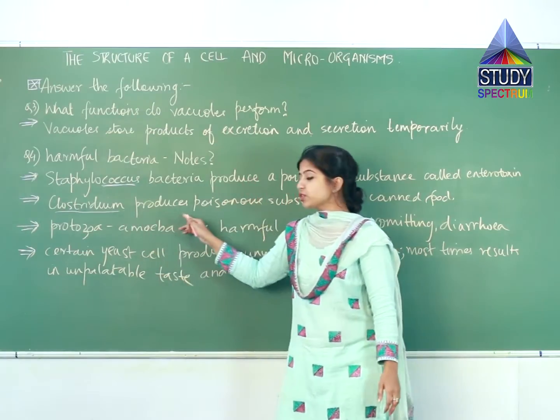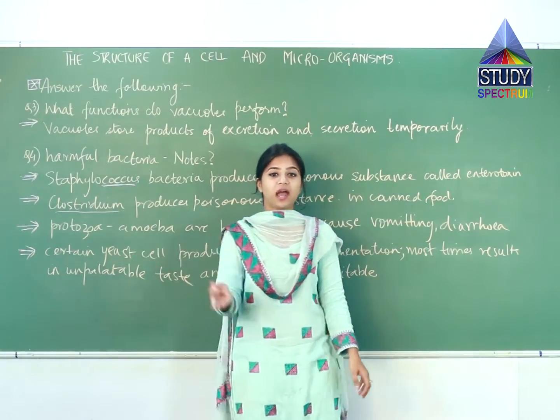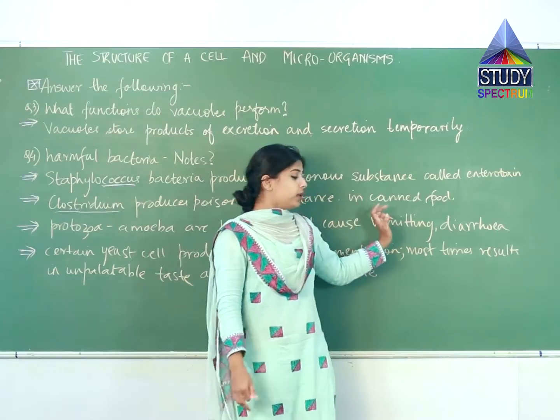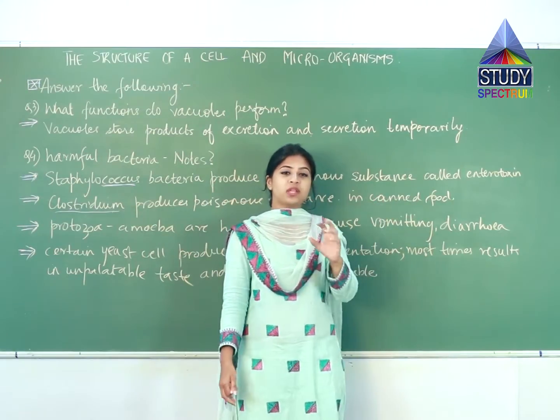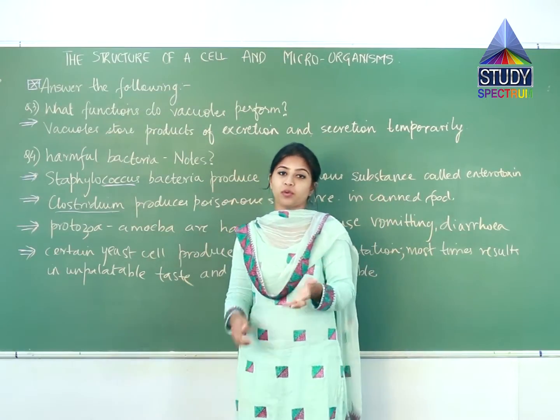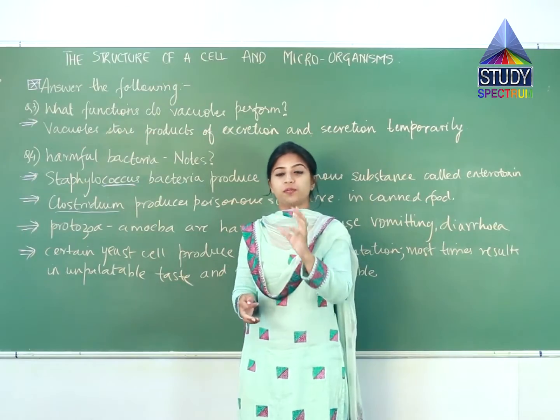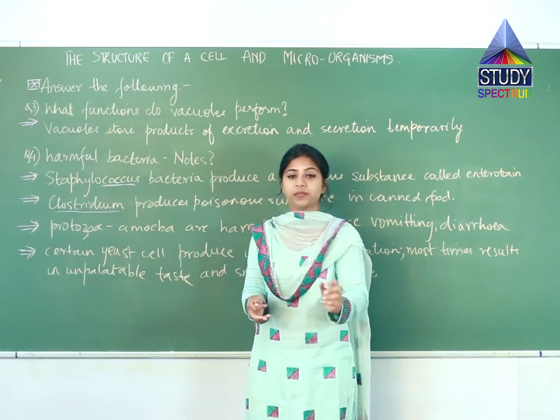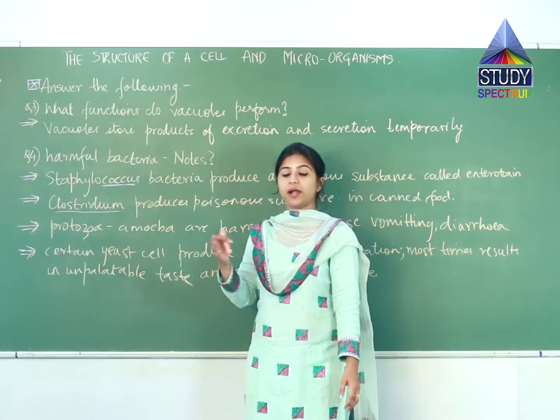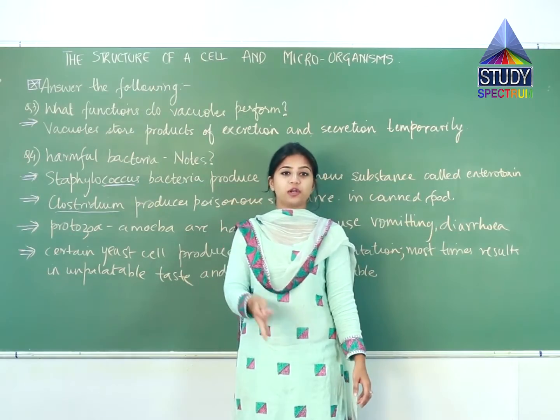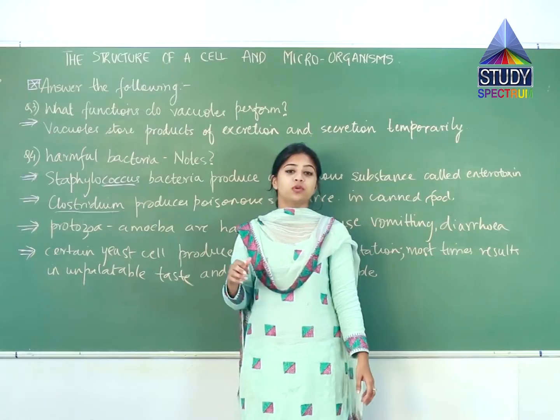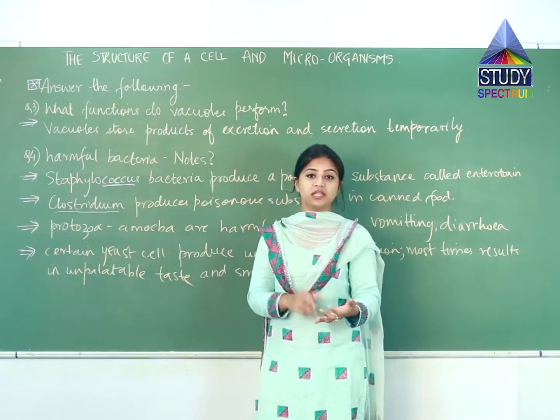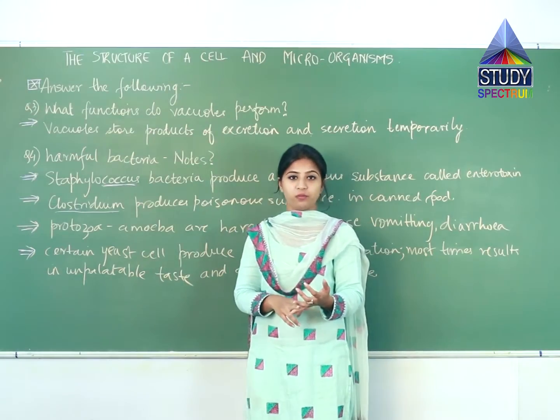The next example was Clostridium, which occurs in canned foods. Since canned foods are very compressed and have no oxygen in them, to keep them stored for a longer time, there are chances that Clostridium bacteria might occur as the date of expiry passes. So it is very important to check the date of expiry and then consume foods.